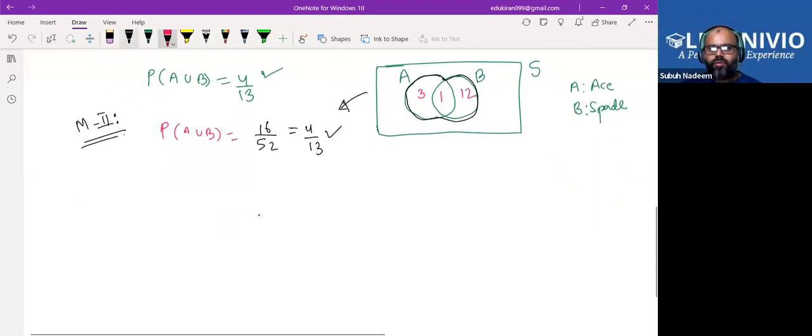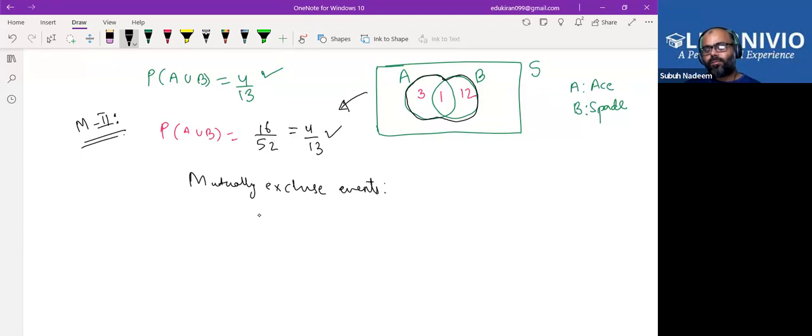And then we have few questions in probability. I hope you remember those type of events, that is mutually exclusive events. So which type of events are called mutually exclusive events? Like we say A and B are mutually exclusive.